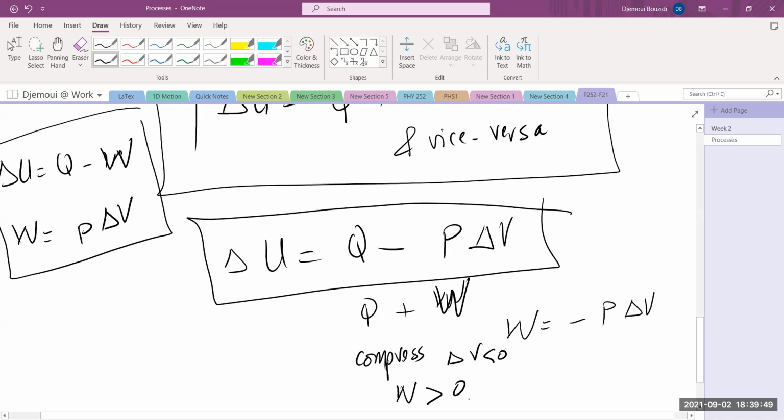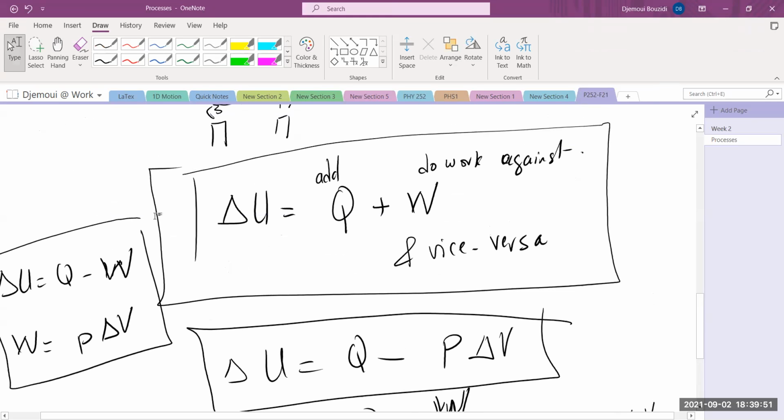Since it's positive, that means the energy of the system is going up according to this convention. Because I add something in here. So when I compress the gas, the energy of the system must increase. So this picture is correct. Make sense?